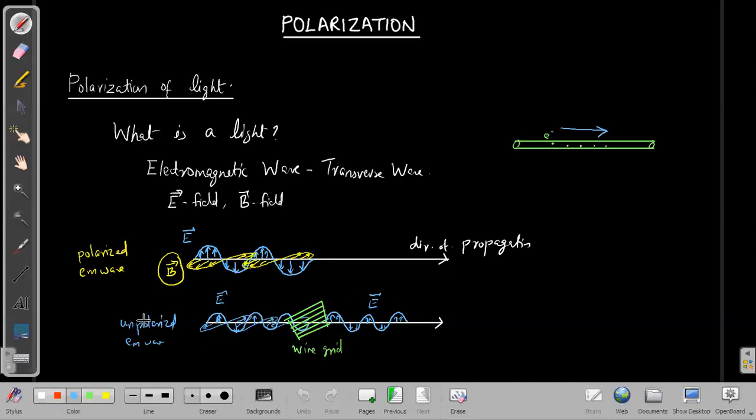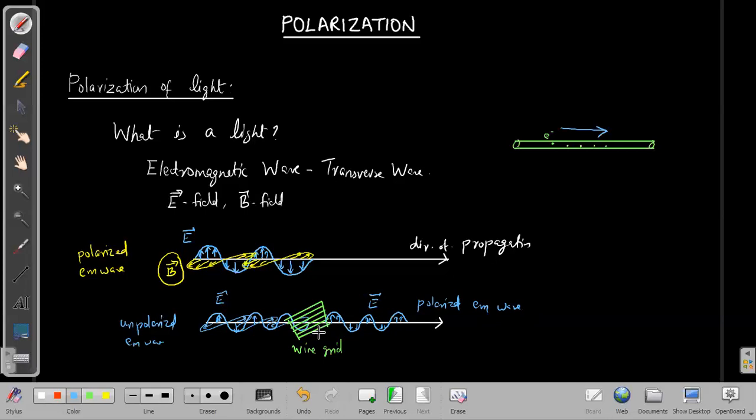So we have an unpolarized electromagnetic wave on the left side and a polarized electromagnetic wave on the right side. So I have converted an unpolarized electromagnetic wave to a polarized electromagnetic wave using this small device, the wire grid.